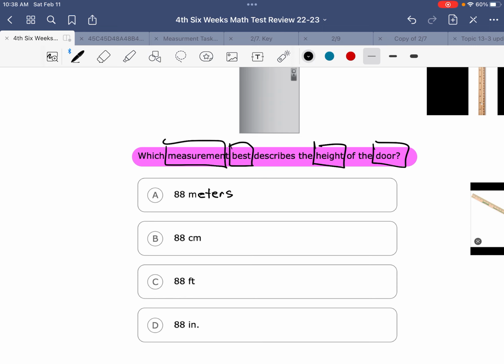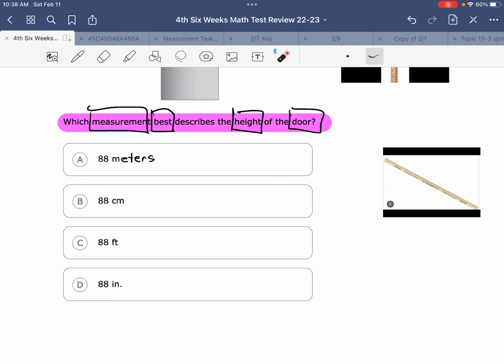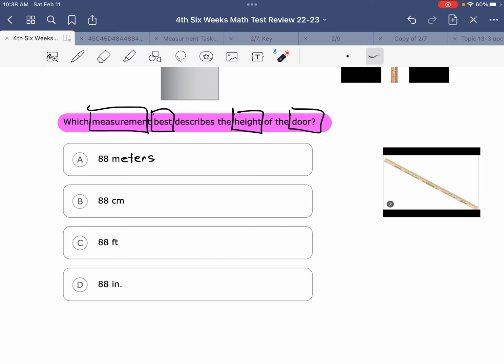To better visualize it, I like to say that meters is very similar to a yardstick, okay? And so remember, in my classroom, I'm always showing you guys the yardstick. The yardstick is about 3 rulers together, okay? It's pretty long.